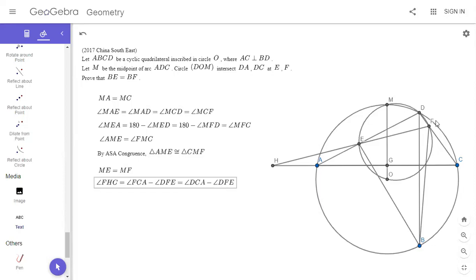So DFE, I just did a quick angle chase in my head. Can we show that this is MCD? So DCA minus DFE. DFE is DFM plus MFE.